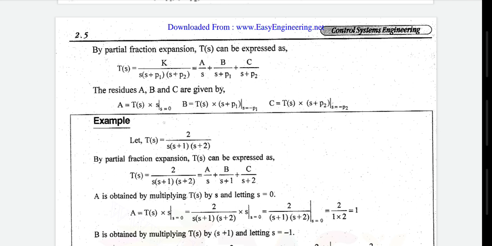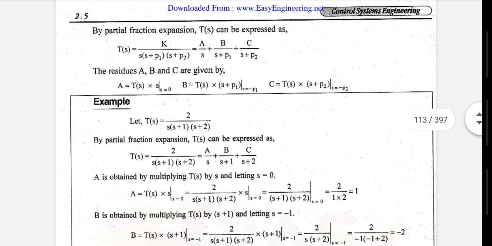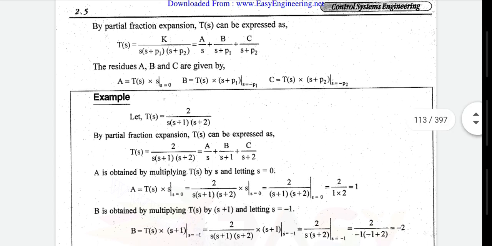Here, A, B and C in the numerators are called residues. How do you calculate these residue values for the given transfer function? Capital A is found in such a manner that you take the transfer function T of s into s, by making s equal to 0.